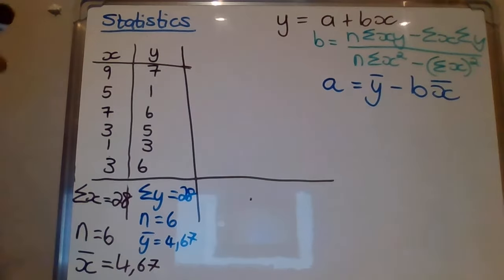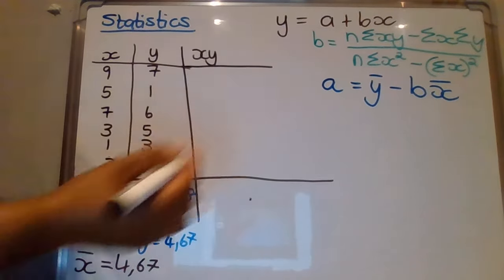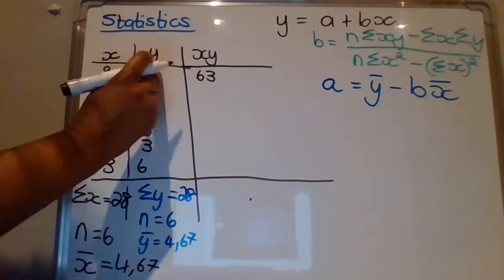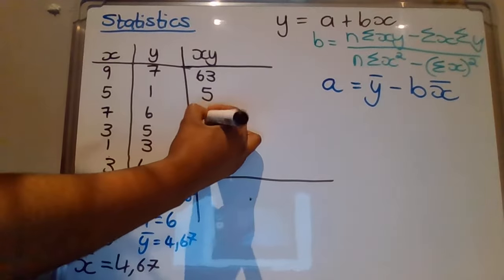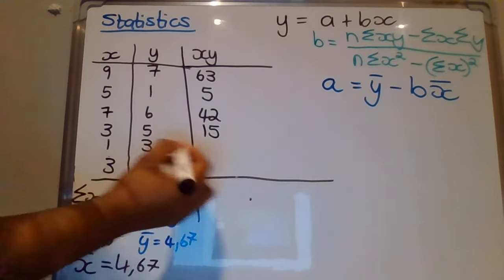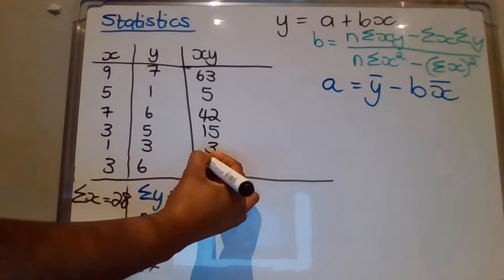So next we need to find my x times y. So x times y, we have 63. 9 times 7 is 63. 5 times 1 is 5. 7 times 6 is 42. 3 times 5 is 15. 1 times 3 is 3. And 3 times 6 is 18.